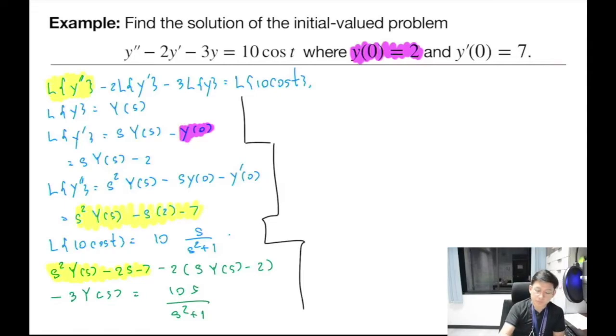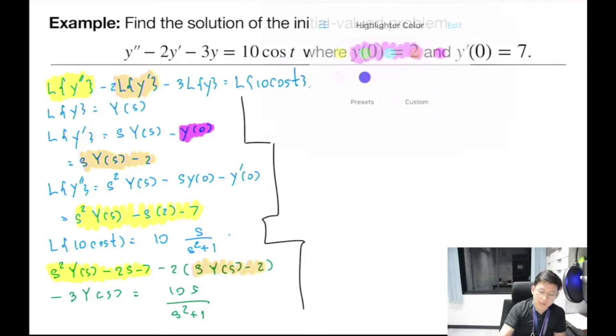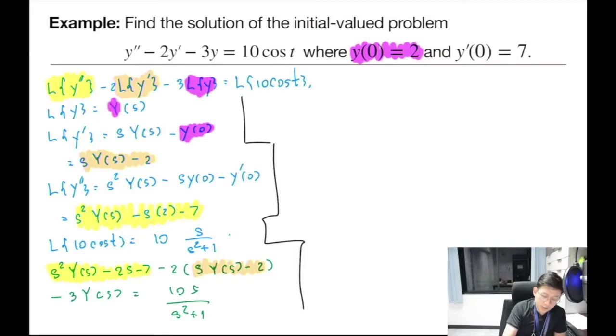Okay, then we have two of this guy, because this guy is actually this, right? That's why we have two of that one here. Okay, and the last one follows the same steps. So here we would have L of y, and L of y is actually the big Y(s), so we have the big Y(s) here.